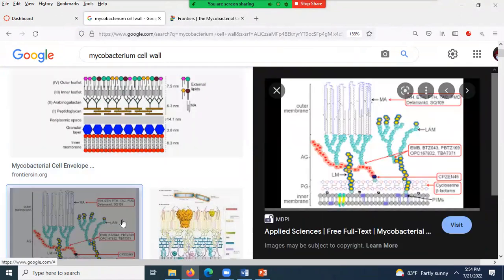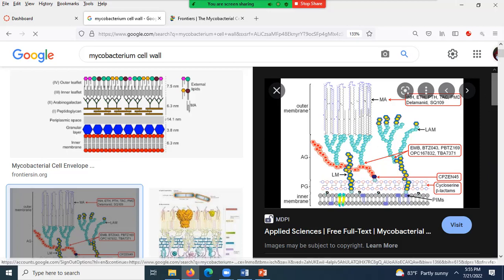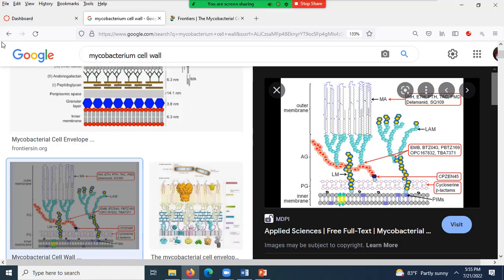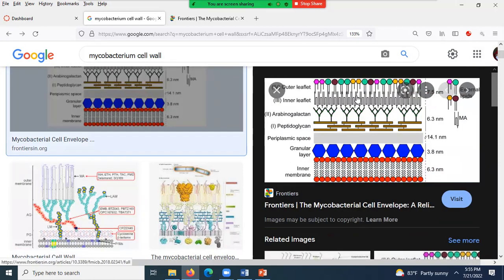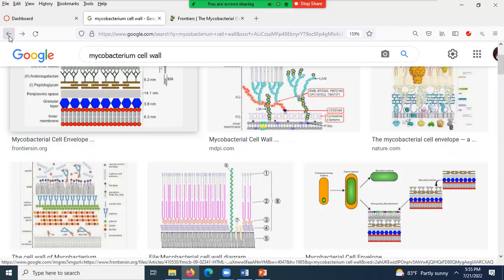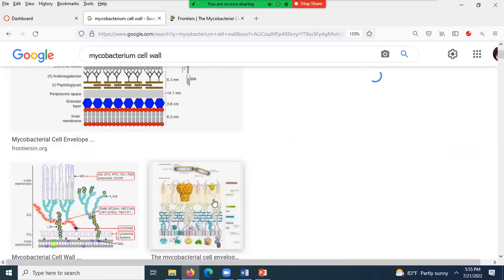Let's go here. Anyways, as you can see, the cell wall has another membrane. That's not a gram mycobacterium. I'm not finding my picture. Let's go back. Go back again. Here we go.